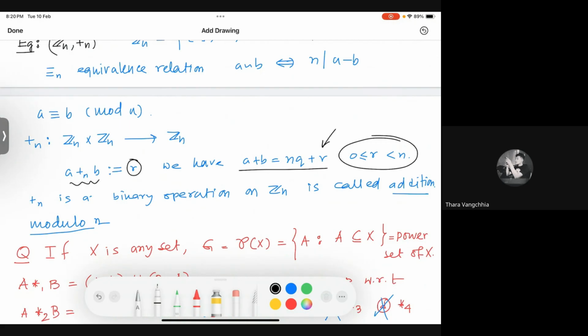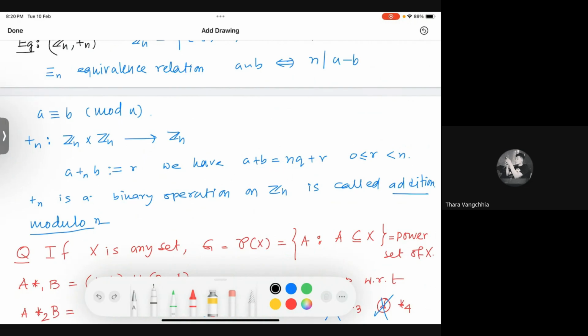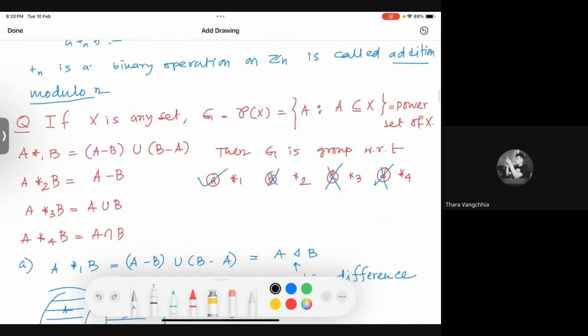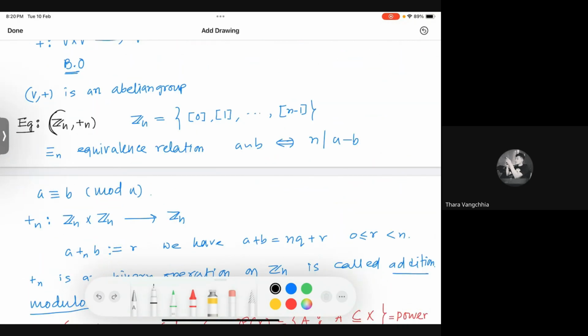So actually this is the remainder. So the group Z_n, with respect to this binary operation, is an abelian group.